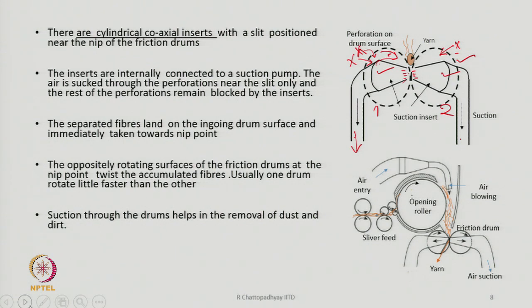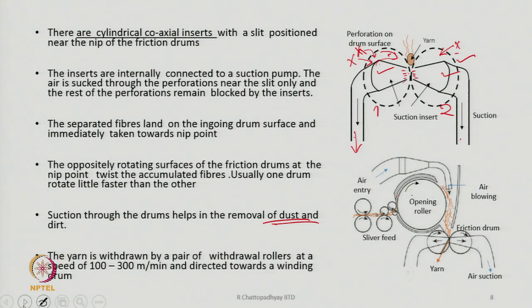Suction through the drums helps in removal of the dust particles which are still left in the sliver. The yarn is withdrawn by a pair of withdrawal rollers at a speed of 100 to 300 meters per minute. So, once the fibers are at this nip point, they are accumulating there because they are coming at a much faster rate, but their removal rate is slower, and therefore, there is always an accumulation.